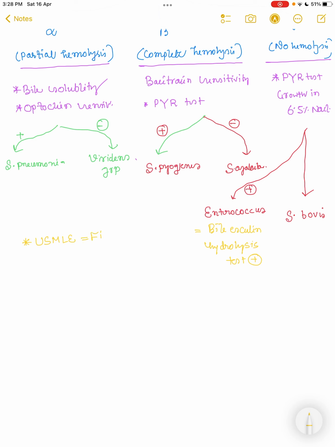So thanks to this book. I felt many difficulties in this topic to differentiate between Staphylococcus and Streptococcus, and when I found it, I am finding it so easy to differentiate between them, and a lot of MCQs regarding this have been solved easily. So I think it will be helpful for you also.